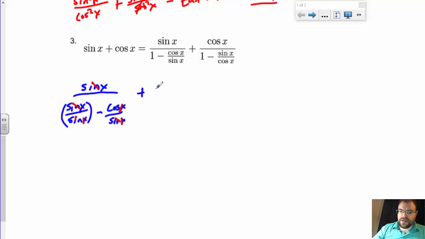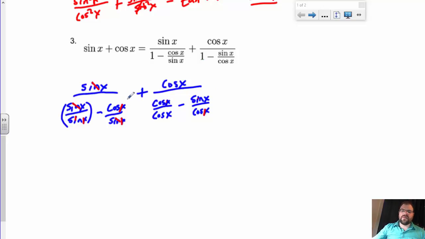Okay. And here, I'm going to say cosine of x. And we have the denominator of cosine, so 1 can be written as cosine over cosine minus sine over cosine. Remember, 1 is the same thing as cosine over cosine. Same thing here.